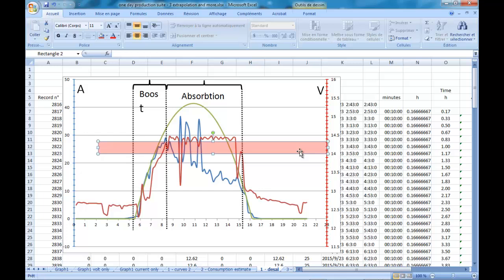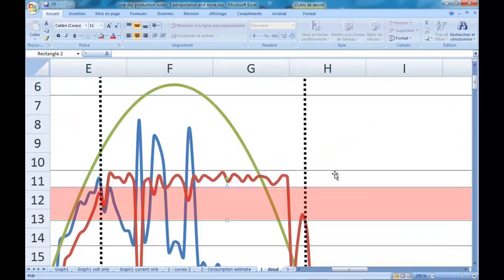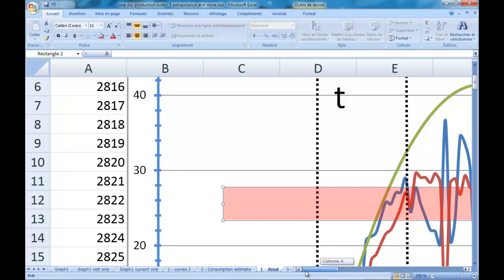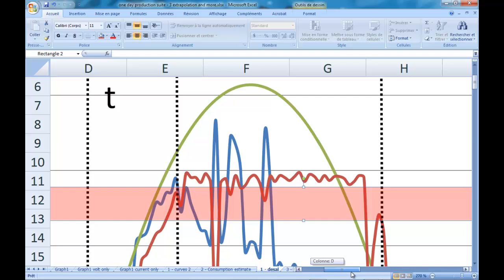Let's say if we are here, for example, this fridge bump, for instance. Now if we zoom in, we can see there's a current increase, and the current increase is pretty high. It's going from 20 to 35, so it's 15 amps.